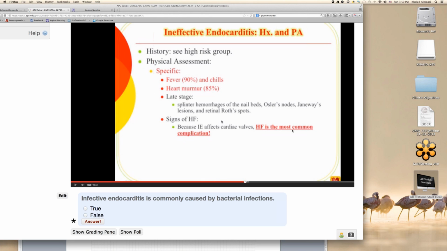So when I say here heart failure is the most common complication, and I ask you that question, look for symptoms or any indication that now we have a complicated case, and I give you an ejection fraction of 35%, that shouldn't be foreign. You should get that, because instead of putting heart failure, I give you a number for systolic heart failure.